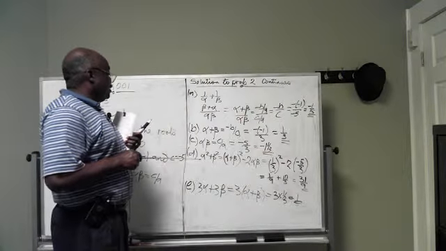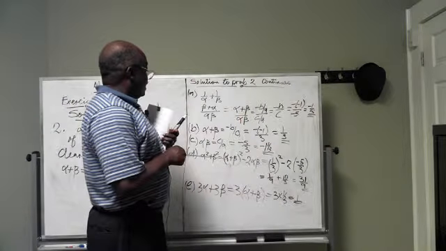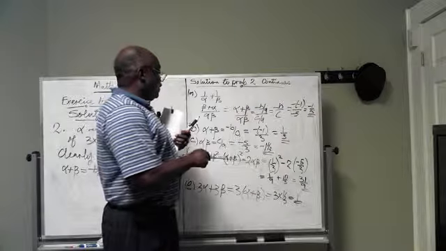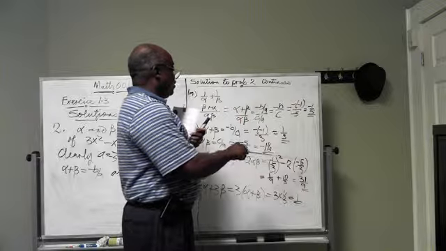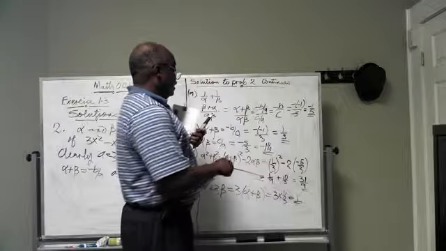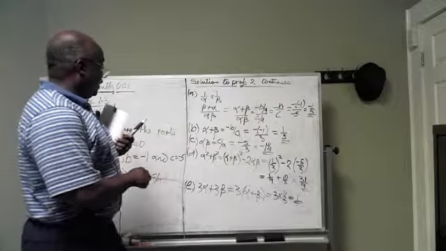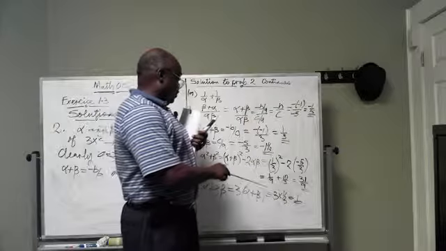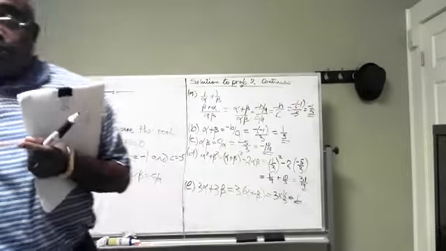Now, d, alpha squared plus beta squared equals alpha plus beta all squared minus 2 alpha beta, which yields 1 over 3 all squared minus 2 into minus 5 over 3. That gives us 31 over 9. E, 3 alpha plus 3 beta equals 3 into alpha plus beta, which is equal to 3 times 1/3, which is equal to 1. And our solution is complete.